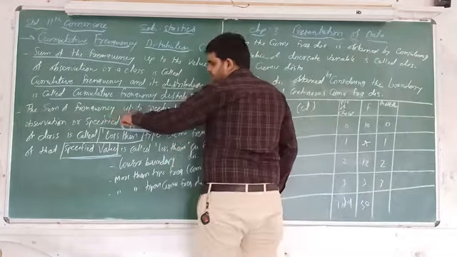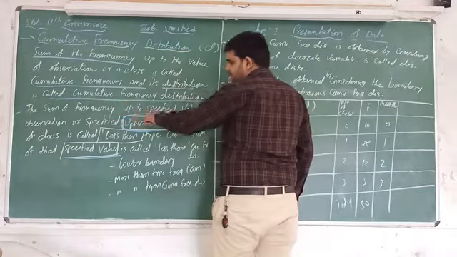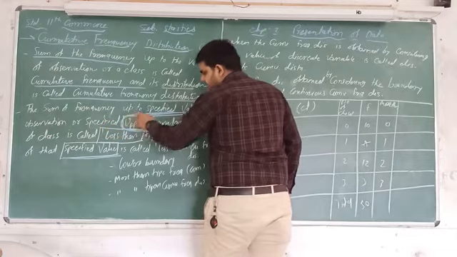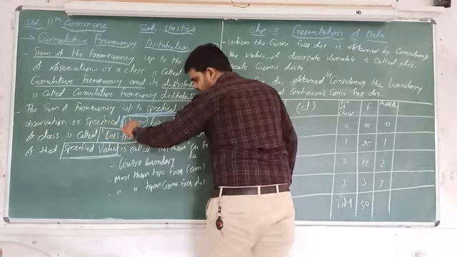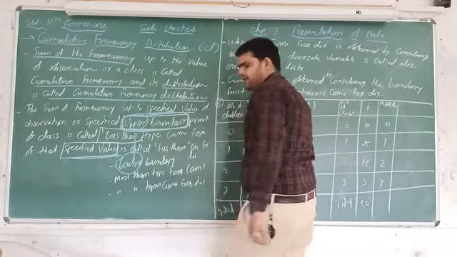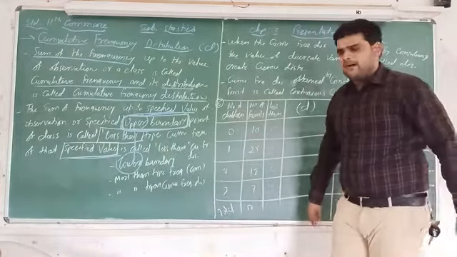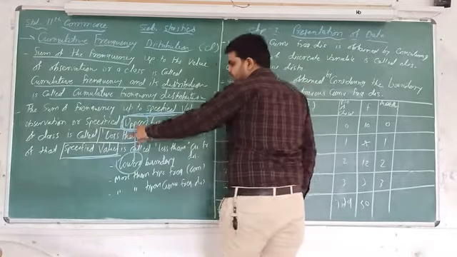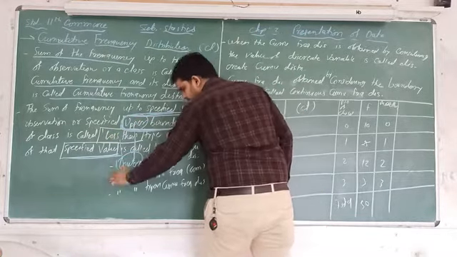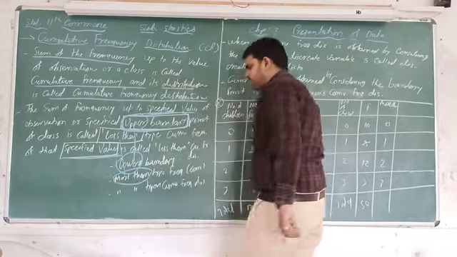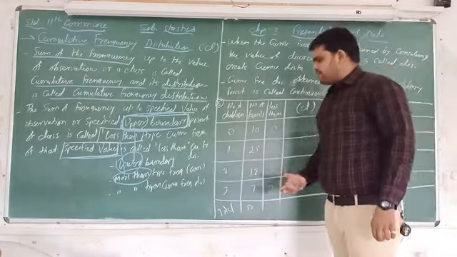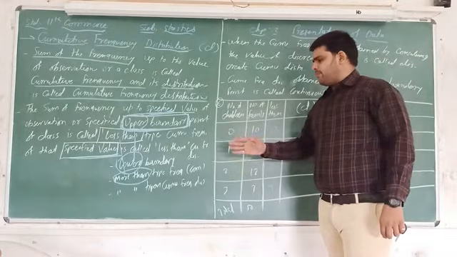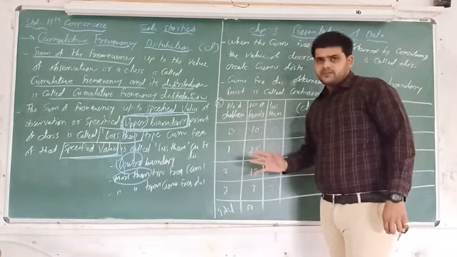The sum of frequency up to the specified value of observation or specified lower boundary point of the class, instead of upper. It's the opposite of the upper boundary. It's more than, not less than, so it's a more than type of cumulative frequency, and whatever specified value we have to find is called the more than type of cumulative frequency distribution.